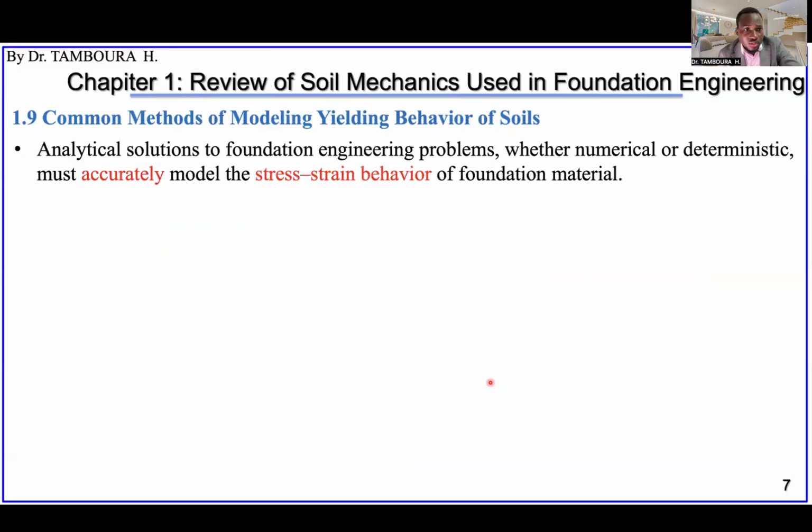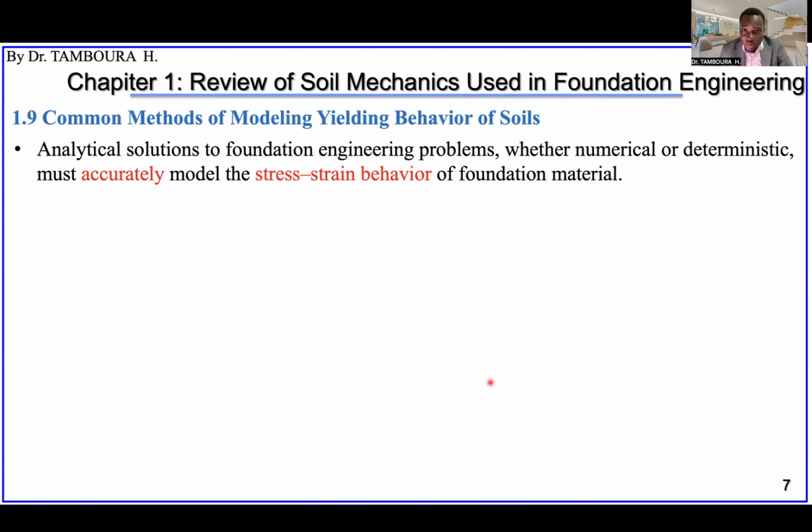Okay, so analytical solutions to foundation engineering problems, whether they are numerical or deterministic, must accurately model the stress strain behavior of foundation material.